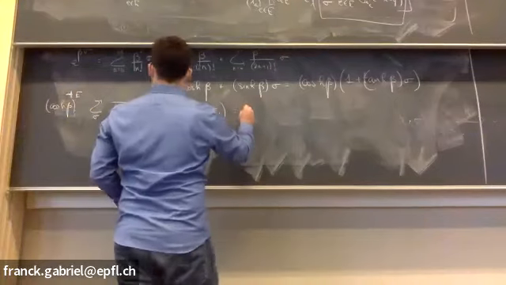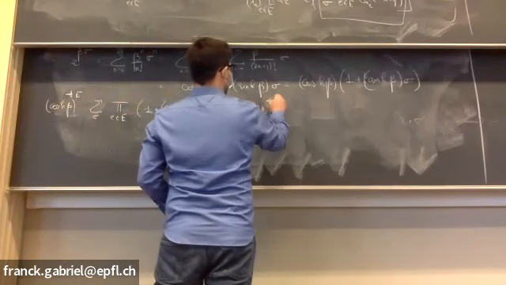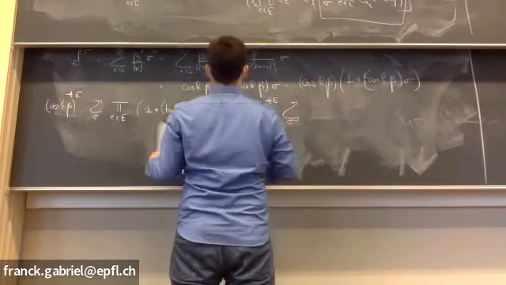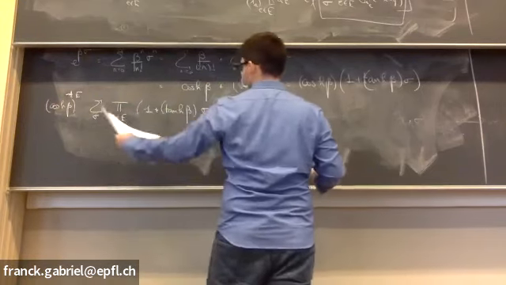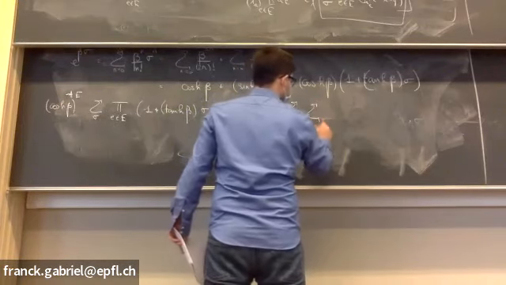So I have cosh beta to the power of the number of edges times the sum over all the sigma, and here I have to sum over all the subsets of edges.